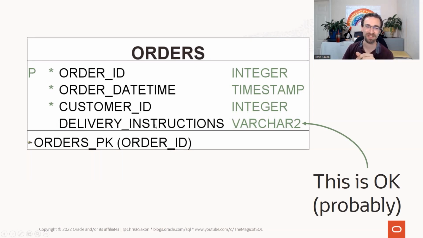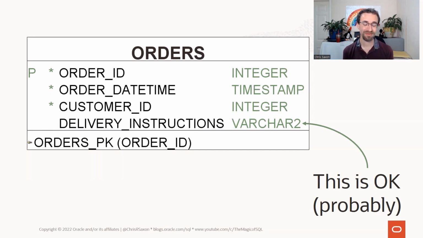But if we think about this, the delivery instructions, we're not going to be joining on it. We're not going to be doing things like sums or averages on it. We probably don't have many queries where this appears in the where clause, right? It's genuinely optional, and it's going to be in the business logic of very few queries. It'll just be a column we select the vast majority of times.